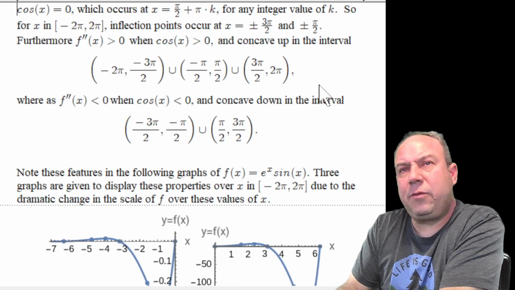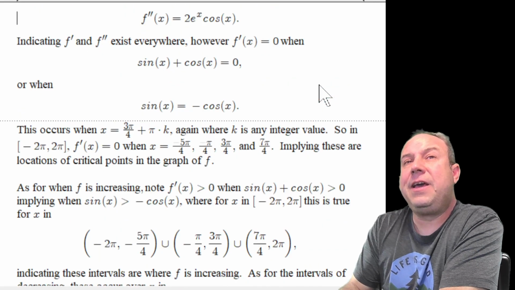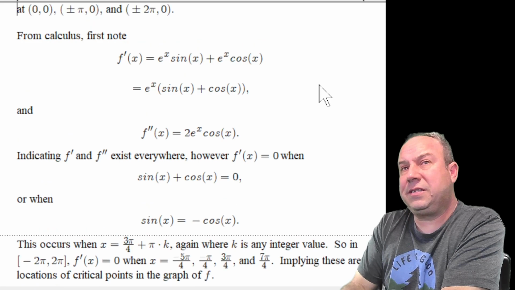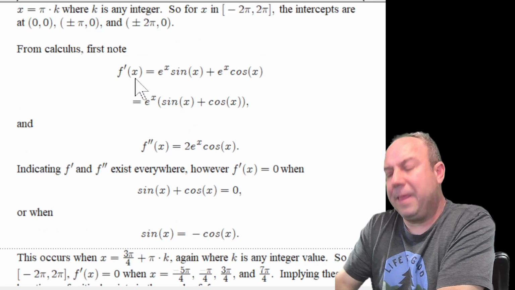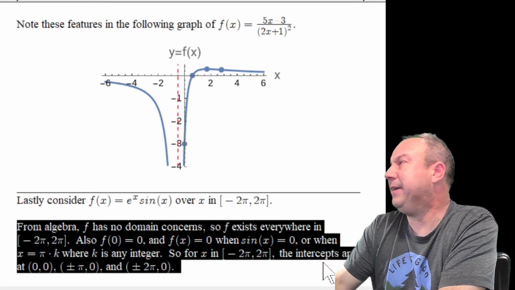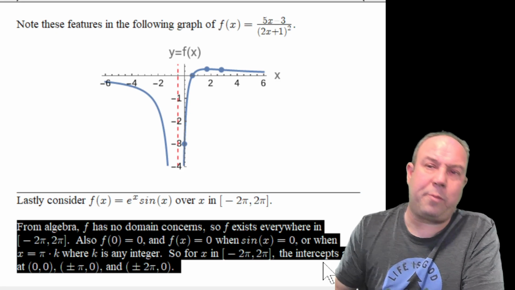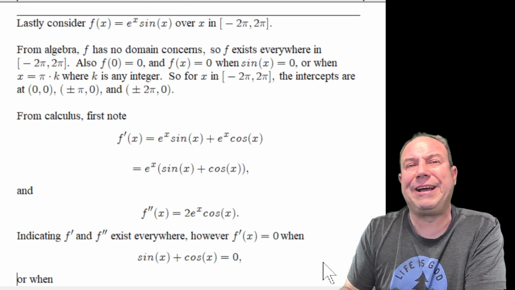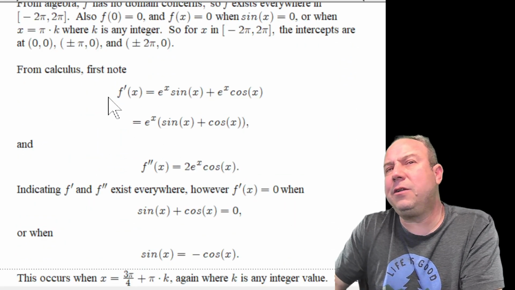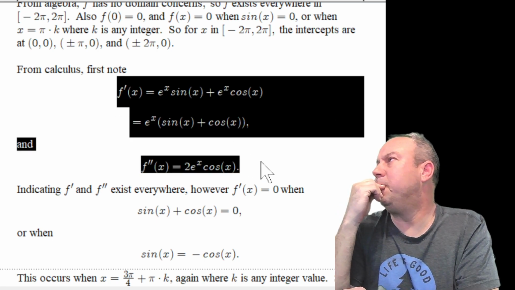And collectively, we were able to put that analysis together in this case and the other two examples by analyzing, first of all, the knowledge we bring over from algebra about x and y intercepts and end behavior and domain and range, right? And including now an analysis of f prime and f double prime.